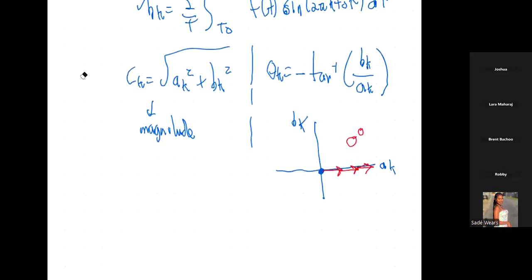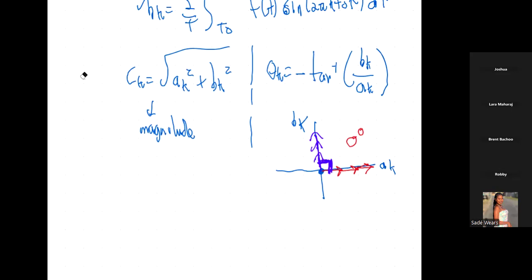Contrastingly, if the function is odd alone, meaning AK is zero, that means all the lines are going to be on the BK axis alone. It's not going to have AK components. So since all of them are on the BK line, all the phases will be 90, or minus 90, because they're not deviating from this.